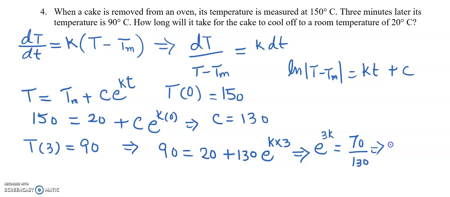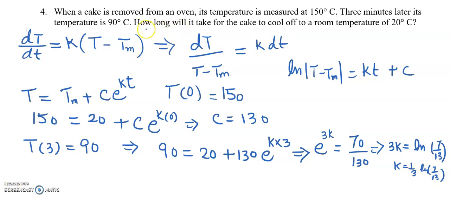So 3k is equal to log of 7 by 13, and k is equal to 1 by 3 log of 7 by 13. So this is the value of k.